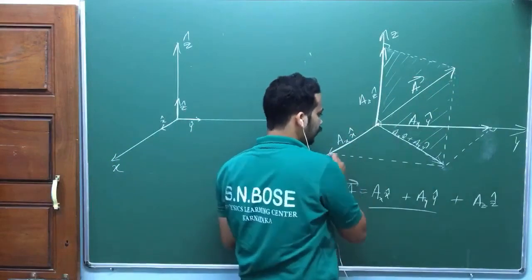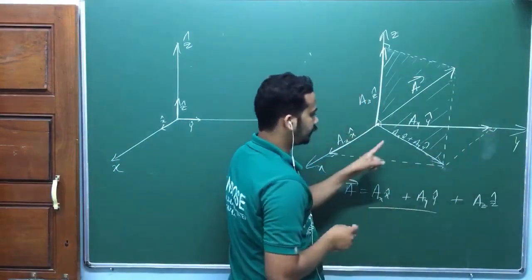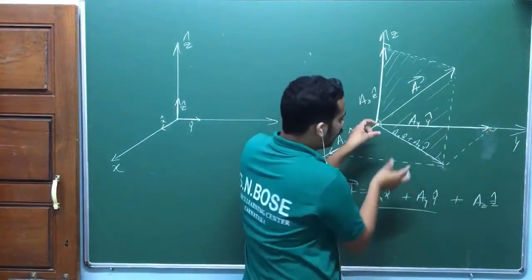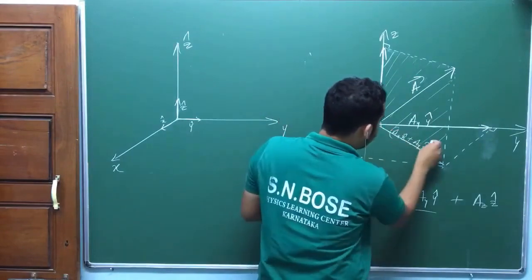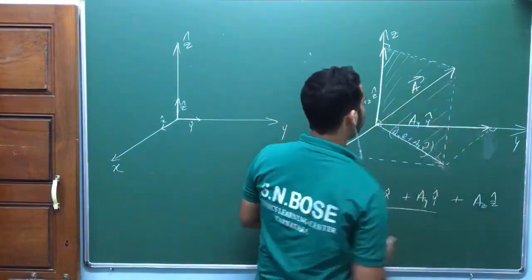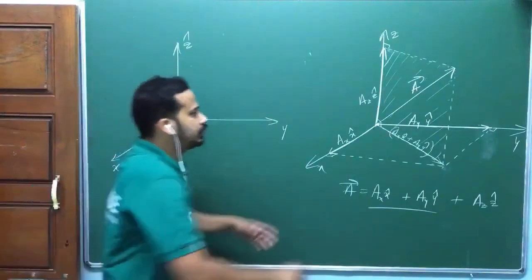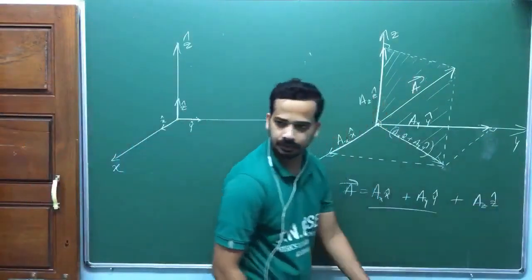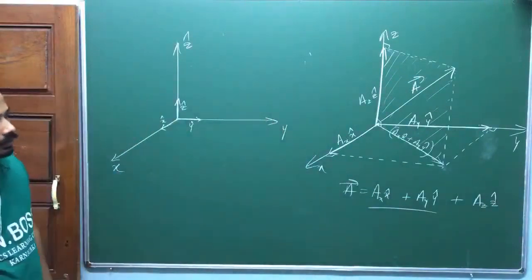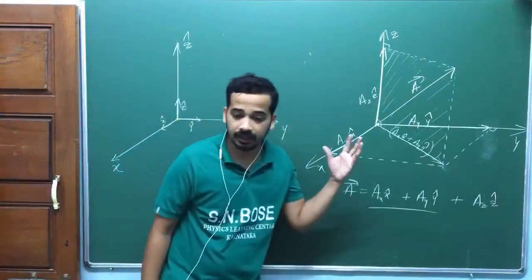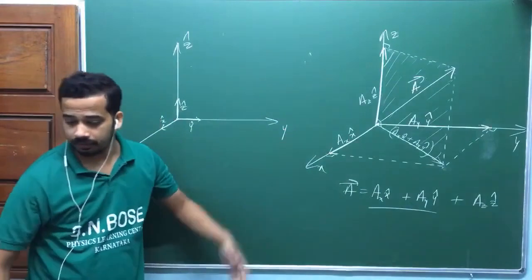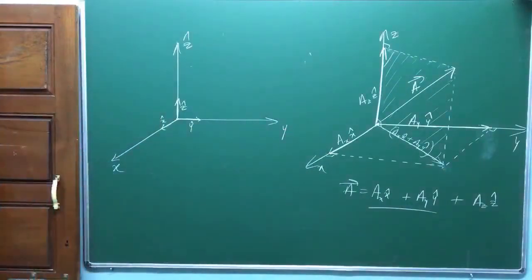This one is added to this one according to the parallelogram law of addition, and you are getting the resultant vector. Or you can say this vector is resolved like this. Can you imagine this one? I need this three-dimensional imagination. It is required in so many cases.